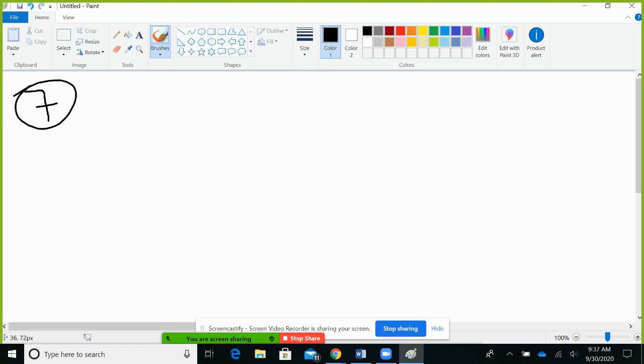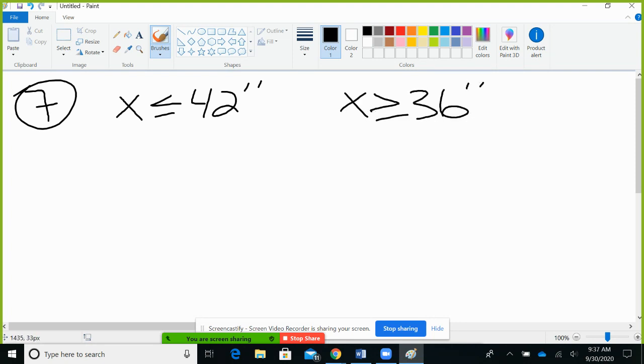So this one you're going to want to write down. You're purchasing a new refrigerator. To fit in the space, the width of the refrigerator cannot be more than 42 inches. So x is less than or equal to 42 inches. To meet your storage requirements, the width must be at least 36 inches. So x is greater than or equal to 36 inches. Write a compound inequality that represents this range.